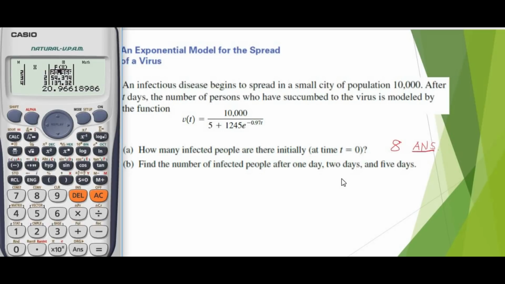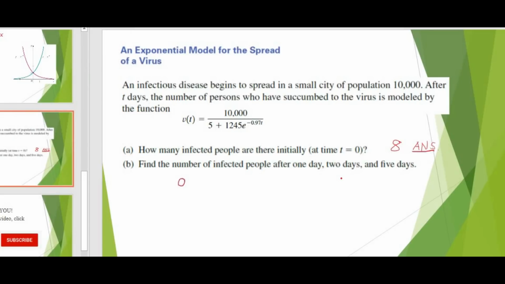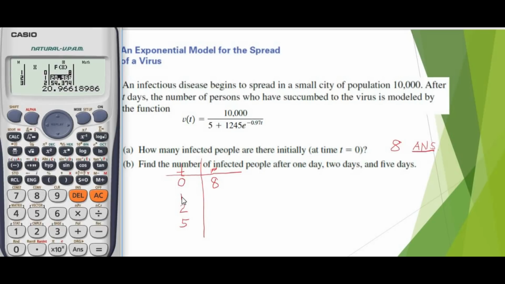So for days 0, 1, 2, and 5, the number of infected people would be, at time 0, 8.